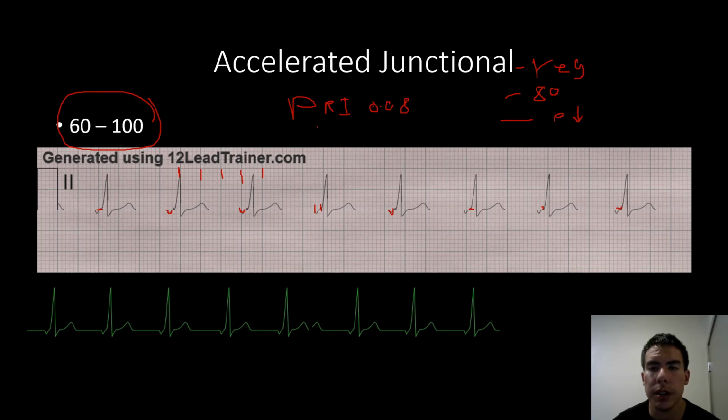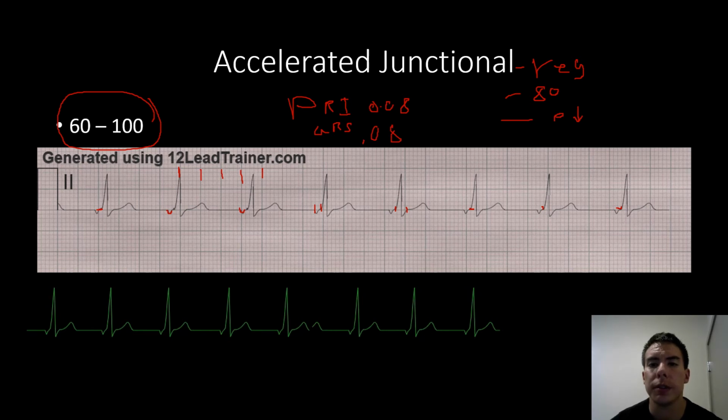And our QRS, we'll check on the, I guess the same one. Oh no, let's actually check on the one next to that, the fifth one. So from there to there, that's also about 0.08.